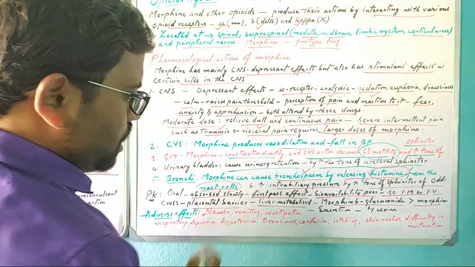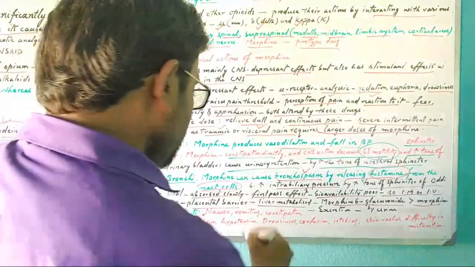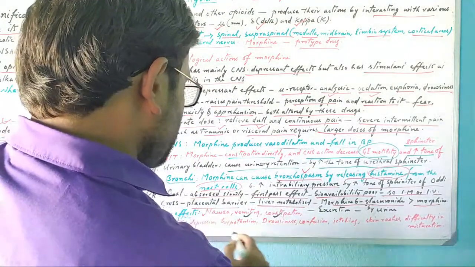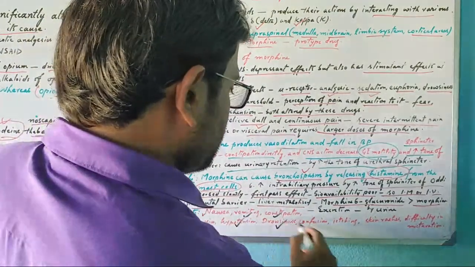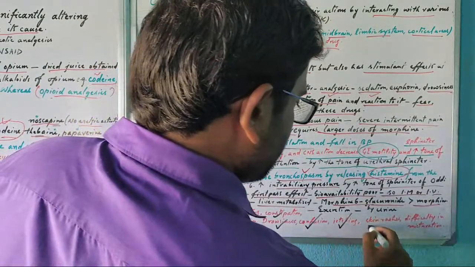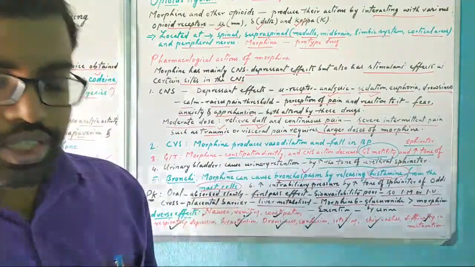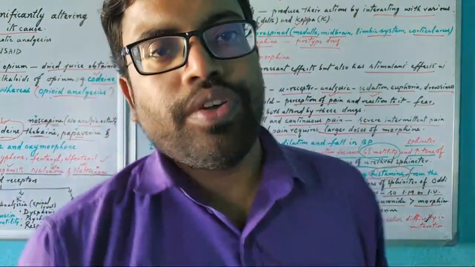Nausea and vomiting, constipation, respiratory depression, hypotension, drowsiness, confusion, itching, skin rashes, and difficulty in micturition. These are the side effects of morphine.